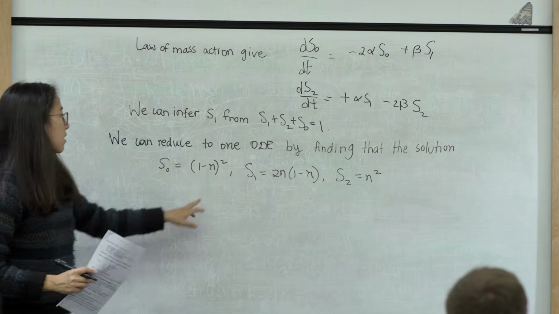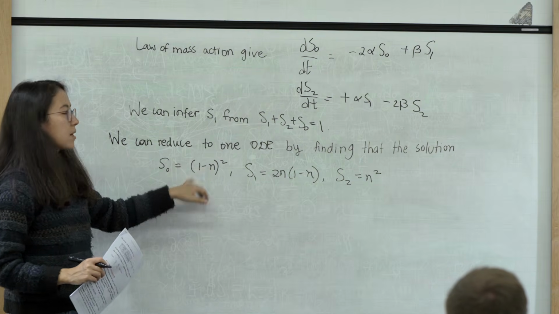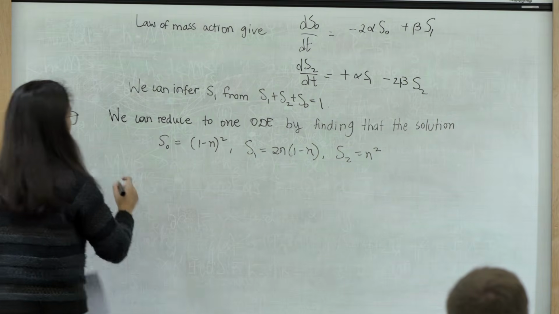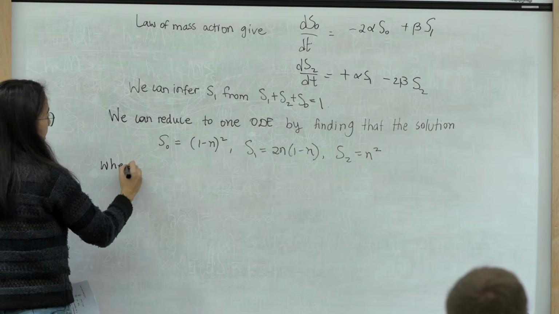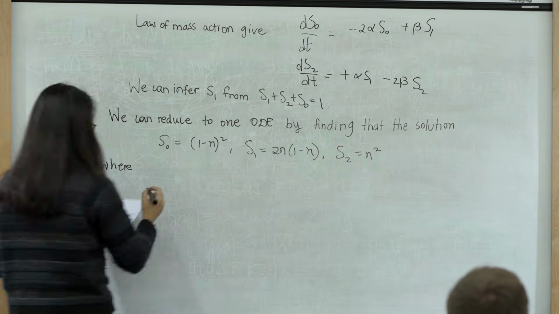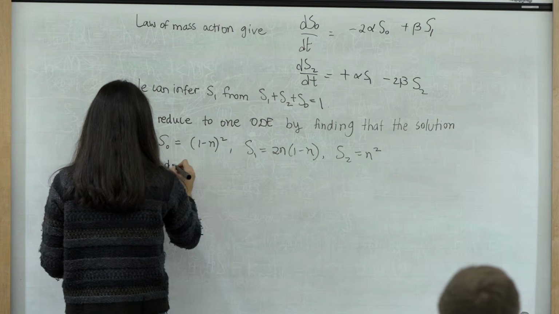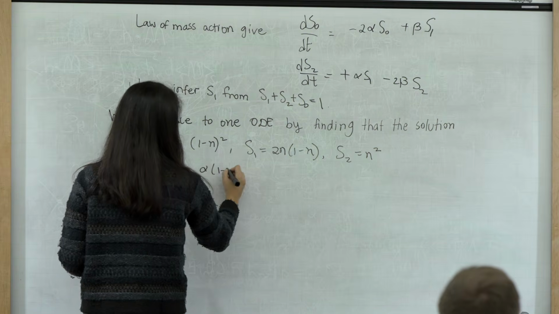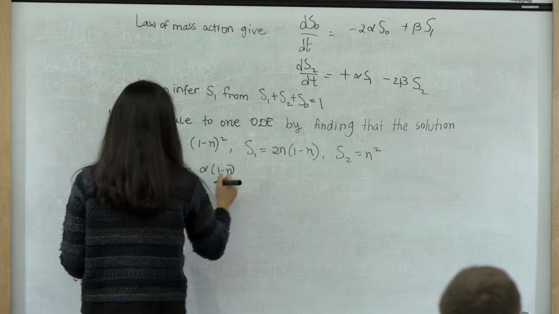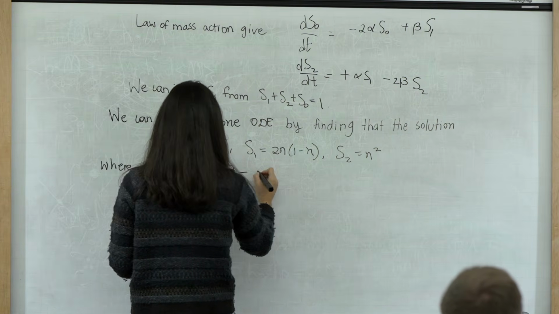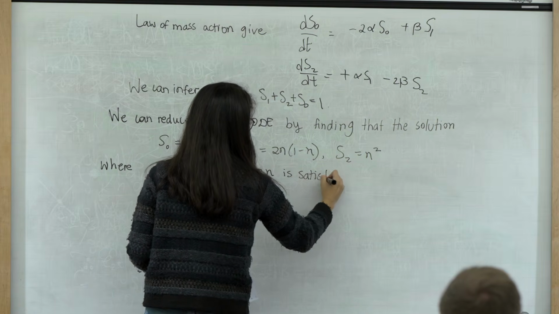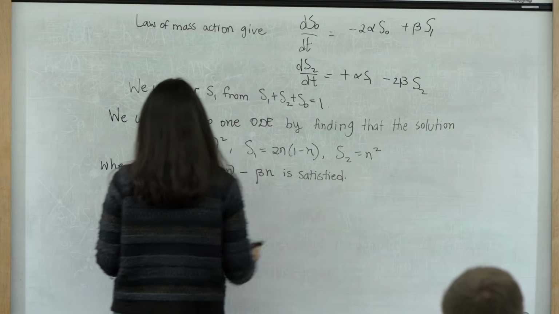So how can I know that this is actually the solution? You just substitute back into the equations, and you see that it's true. Where now, if you do that, you can see that this thing is the equation we wrote previously.